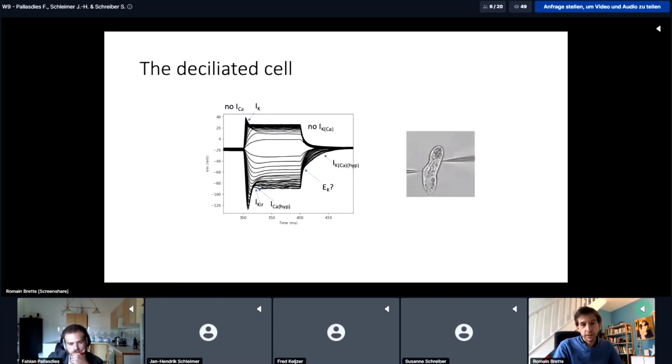So once you remove them, you remove the calcium current. You also remove calcium-activated potassium currents. I didn't discuss them actually, but there are also calcium-activated potassium currents. And so what you get is just the potassium current.